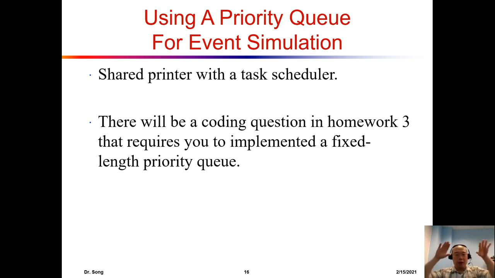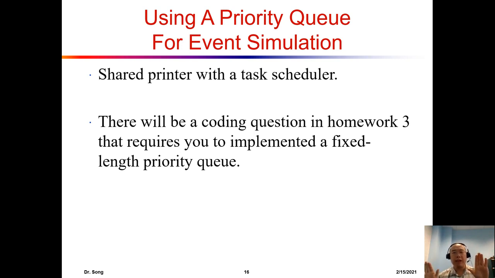So even though there are two tasks that come to the printer at the same time, the printer has to maintain a priority queue. So it always prints the document with the highest priority in the queue, so the student's document gets printed. And then if there's no more item to be printed, the professor's one will go next.